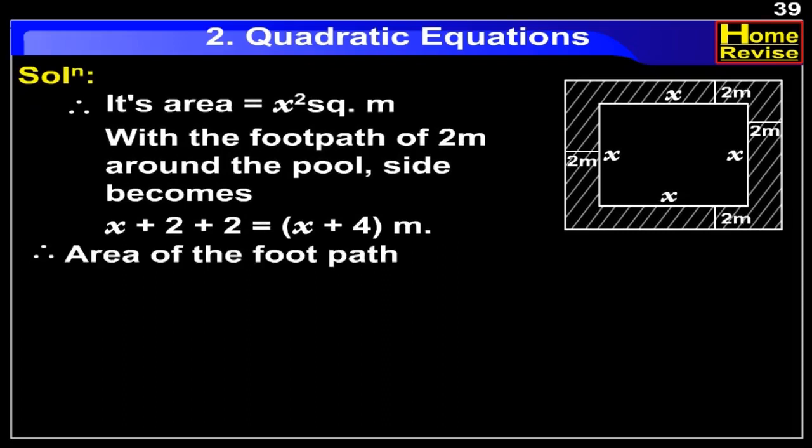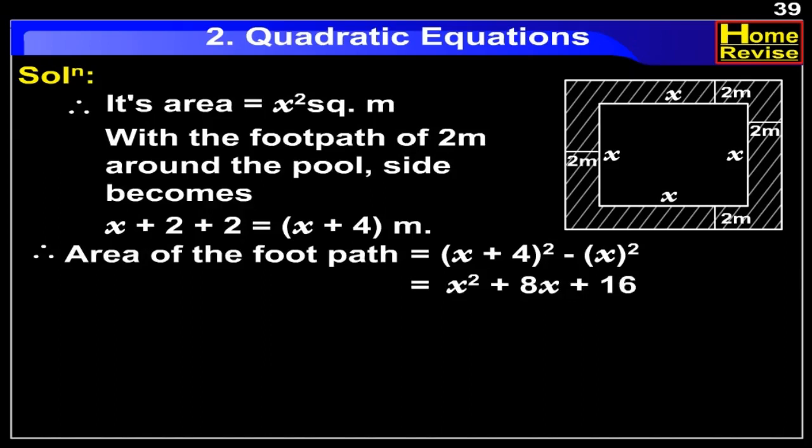Therefore, area of footpath is equal to x plus 4 whole square minus x square, which is equal to x square plus 8x plus 16 minus x square. Here, plus x square and minus x square gets cancelled out. Therefore, area of footpath is equal to 8x plus 16 square meters.